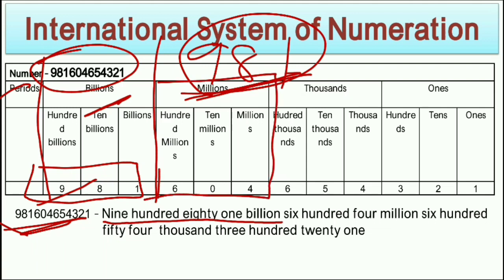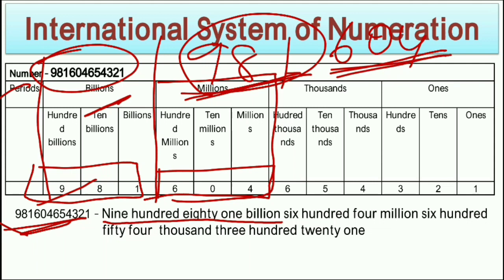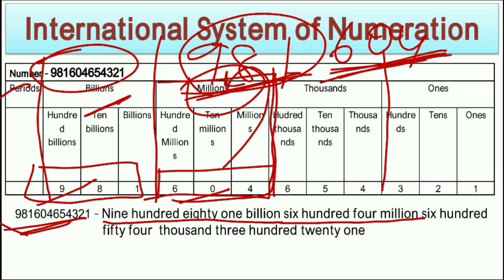In the millions period also 3 digits are there. It means 604. So 604 what? 604 million, because this comes under the period of millions. Now we will talk about the thousands period.